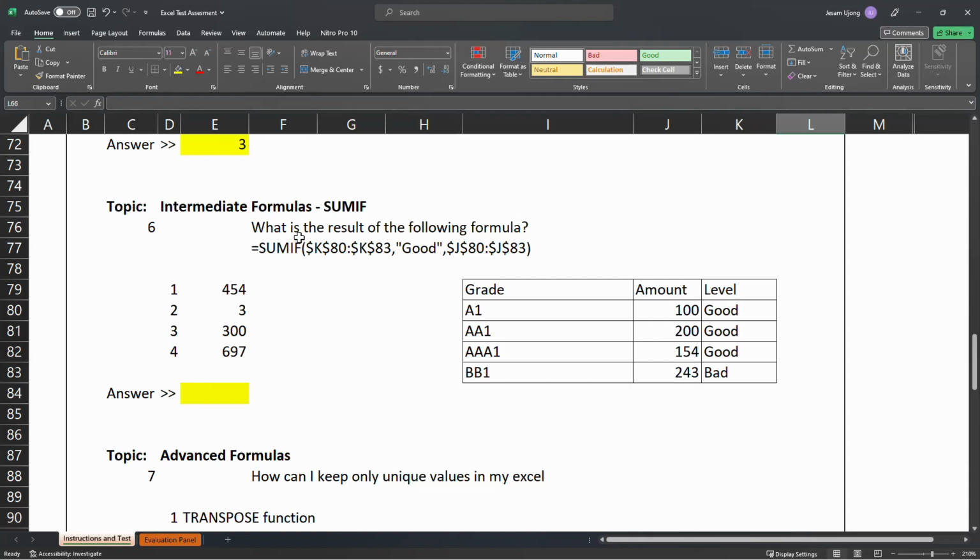Okay, so what is the result of the formula? SUMIF. Let's get digging.